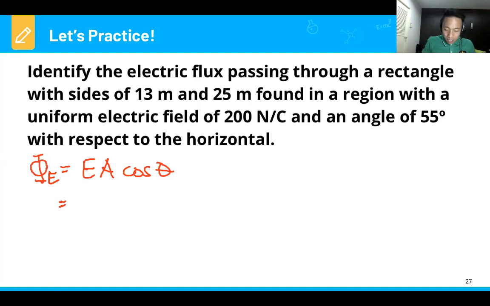E is 200 N/C. What will be our A? Since it is a rectangle with sides of 13 meters and 25 meters, how do we get the area of a rectangle? Length times width.